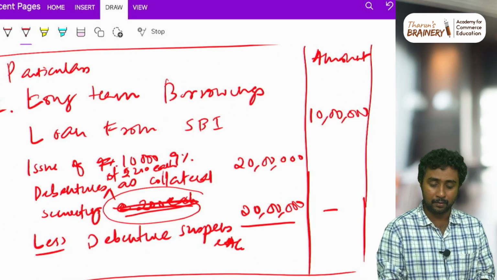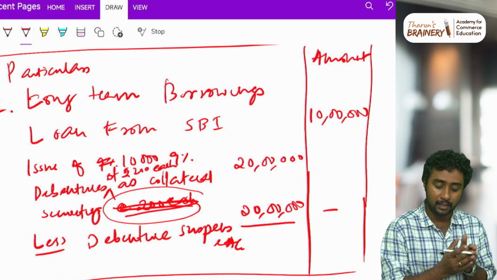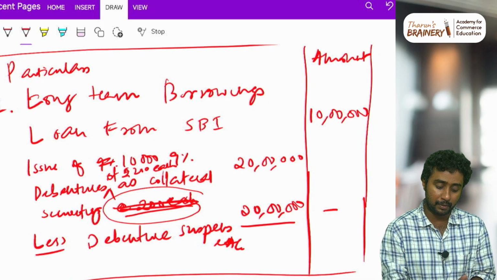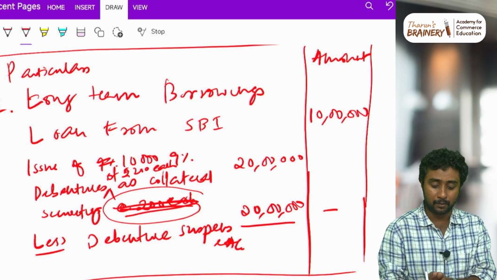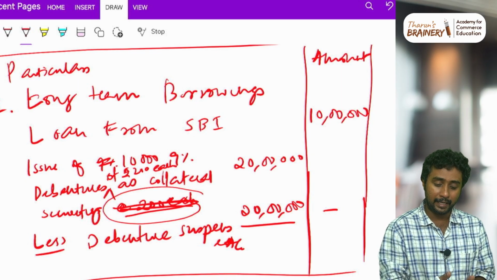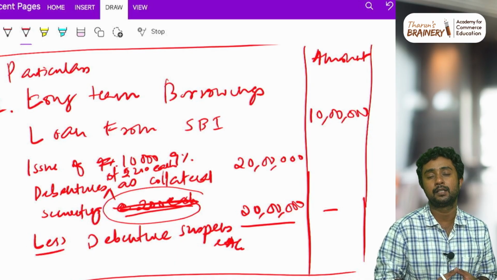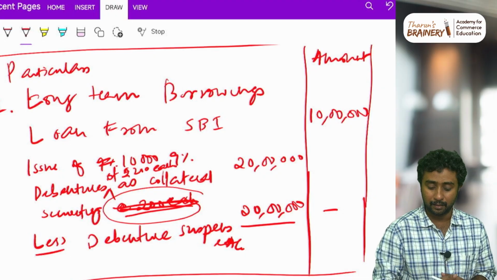In notes to accounts, instead of showing the details of collateral security in brackets, we write the same content without brackets: issue of 10,000 9% debentures of rupees 200 each as collateral security. We write the value of the debentures in the inner column, and we write less debenture suspense account, because that is the account we are using to cancel that debenture, 20 lakhs. We write nil in the amount column.